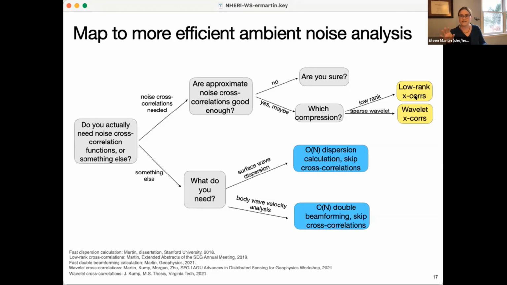So we can store our data in a compressed domain of a low rank approximation or a wavelet compression, and then we do all of our analysis in that same compressed domain without ever decompressing it. And that saves us quite a bit of time. For instance, the low rank approximation for the Stanford fiber optic array helped us save something like a factor of 140 times faster in our analysis.